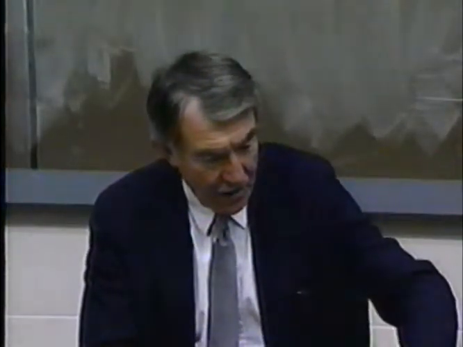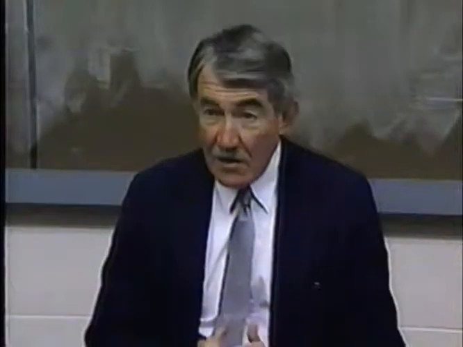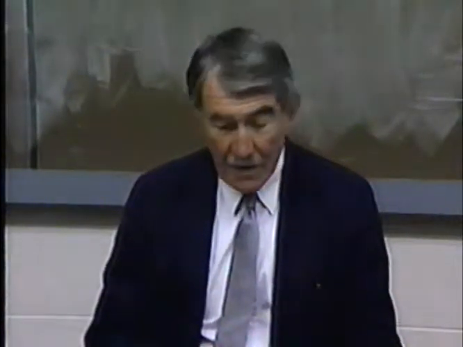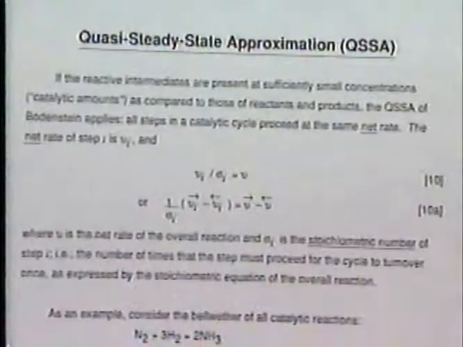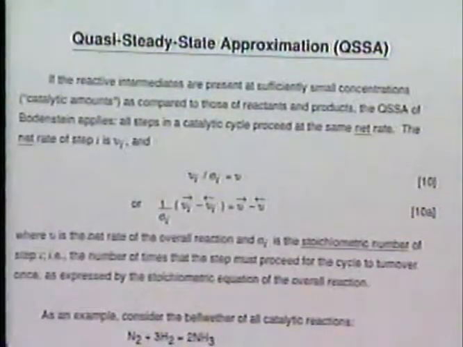Okay, so let us then move to the more useful, general case of an overall reaction, a catalytic cycle that consists of a number of steps, probably more than 2, maybe 10, maybe more. And what can we say about these bridges between kinetics and thermodynamics for the catalytic cycle?